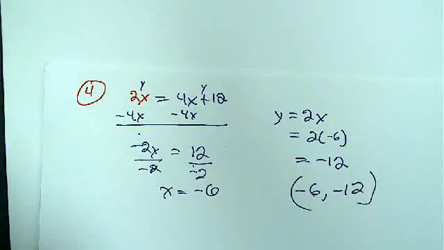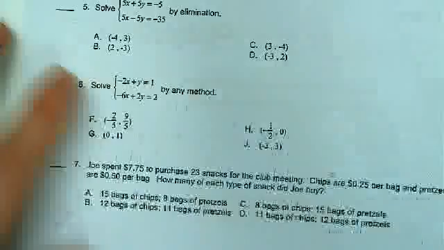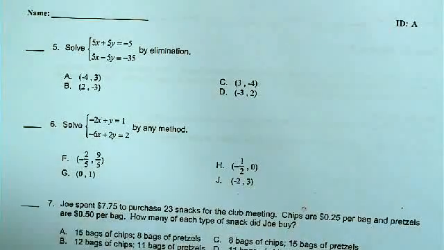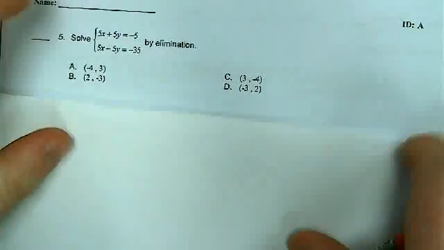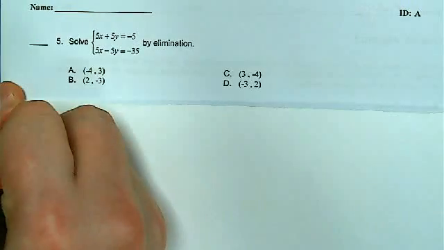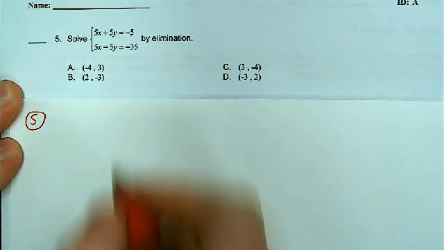All right, next question. It says solve by elimination. Okay. And again, I'm working on that same piece of paper, so I can show all my work, and I'm going to label them. Mostly this is so that when I go back and see what I did, I can follow my own work.